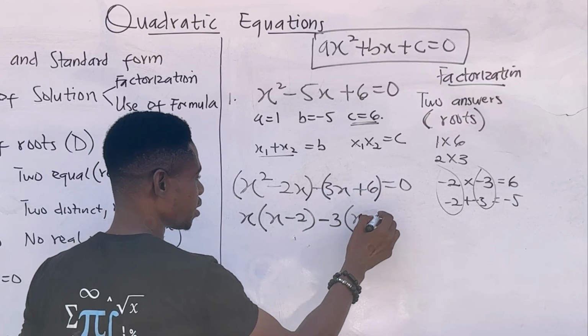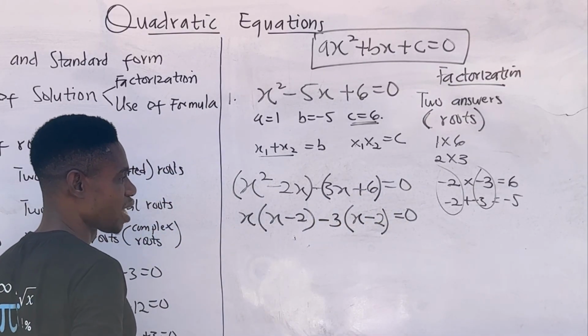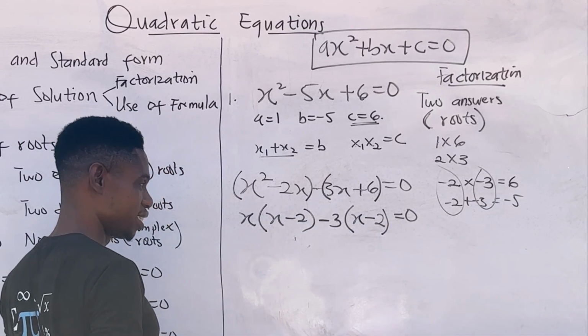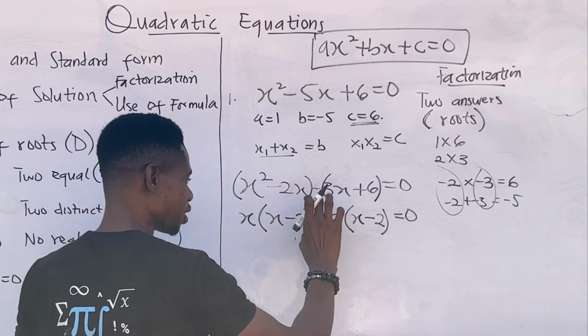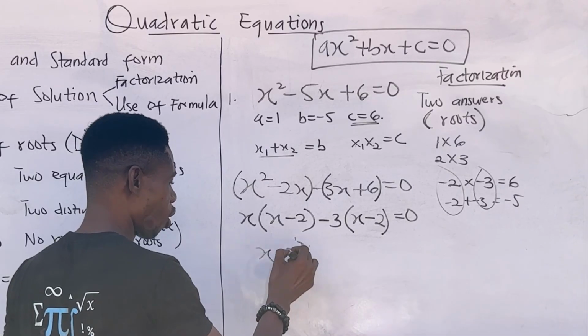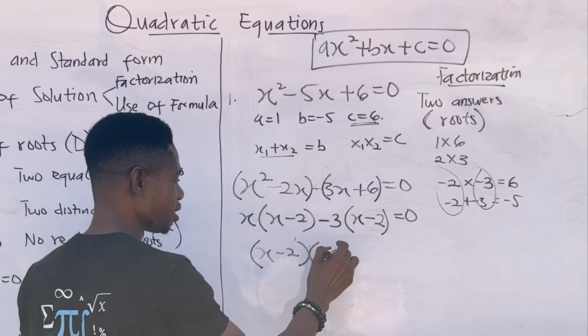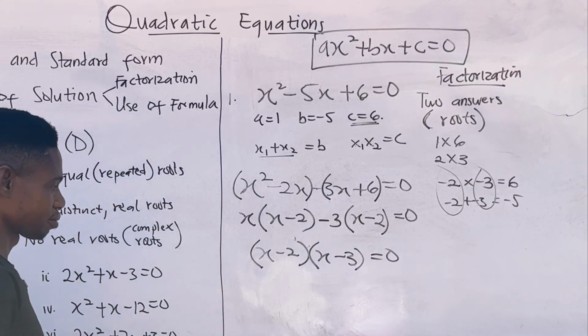And 3 in 6 is 2, equals 0. And one thing to note is that this first bracket and this second bracket, they would be the same. So we can now factorize again with what is common to both, which is x minus 2. So x minus 2 is common. What we have now here is x and minus 3, equals 0.